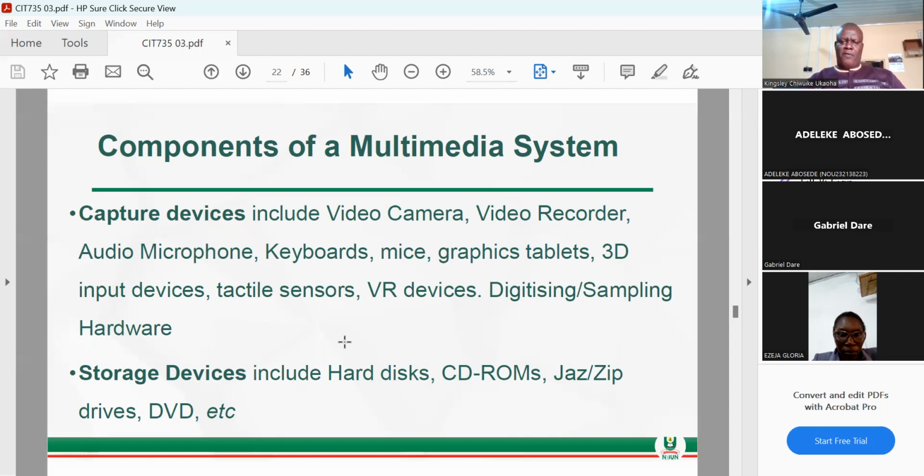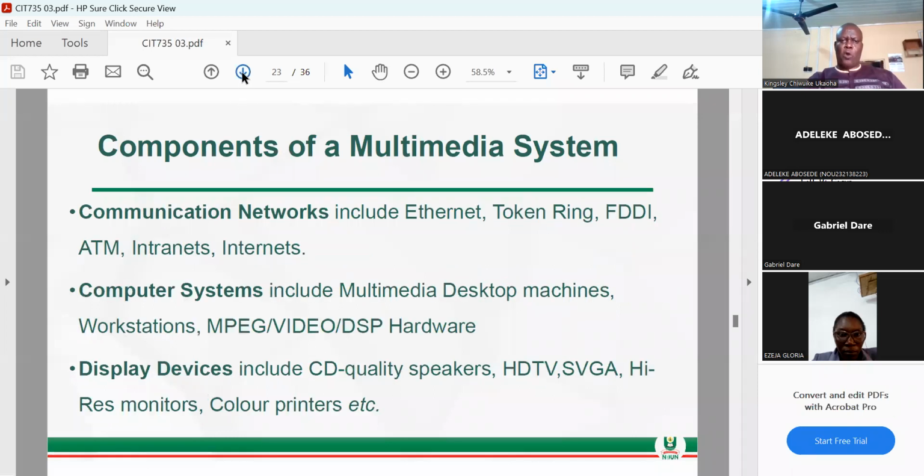Then video recording devices, digitizing and sampling hardware. You also have storage devices like hard disk, CD-ROM, JAZ or zip disk, then DVD and also flash drives. And we need communication networks, which include Ethernet, token ring, FDDI, ATM, intranet, and internet. The internet is the one we really need.